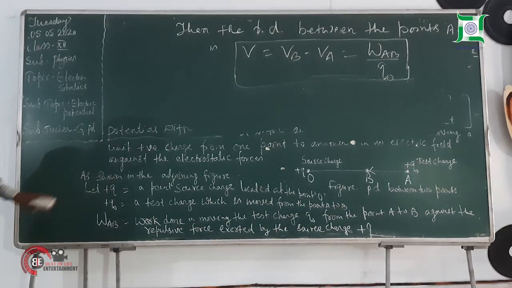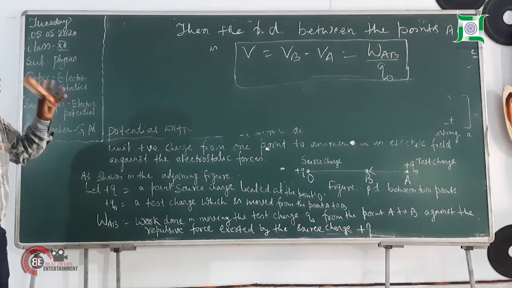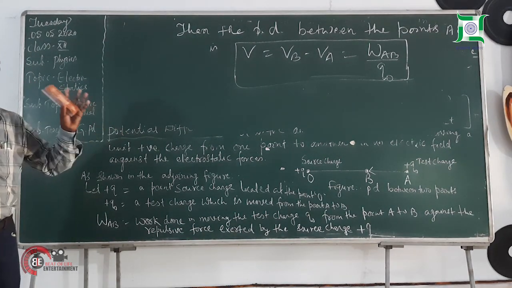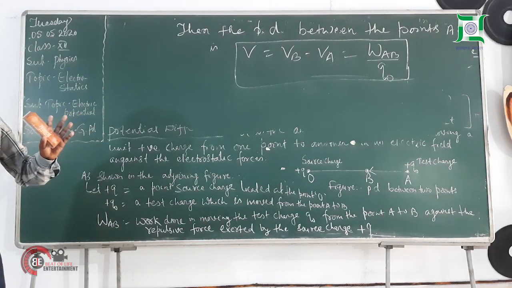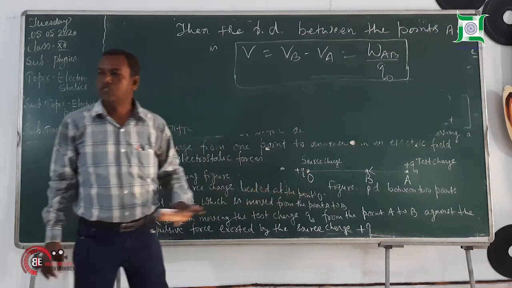Potential difference is also a scalar quantity and its unit is also volt, and it has the same dimension as the electric potential.